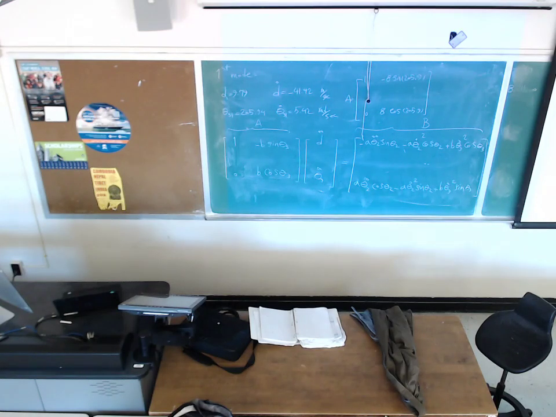Cosine of negative 30. Negative 3 times negative 15 squared, sine of negative 30 plus 8 sine of 205.9, 5.4 squared.